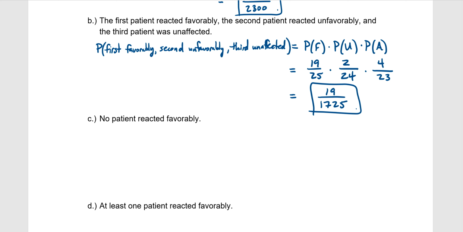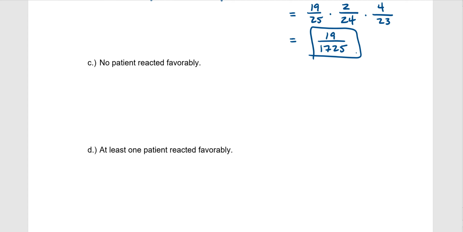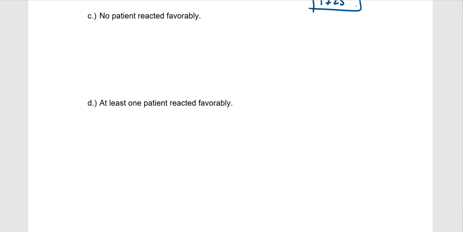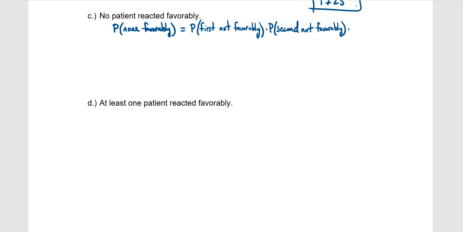Okay, so for the next one, we have the probability that no patient reacted favorably. So this is going to be a little bit trickier. It's going to be the probability that the first did not react favorably times the probability that the second did not react favorably times the probability that the third did not react favorably.